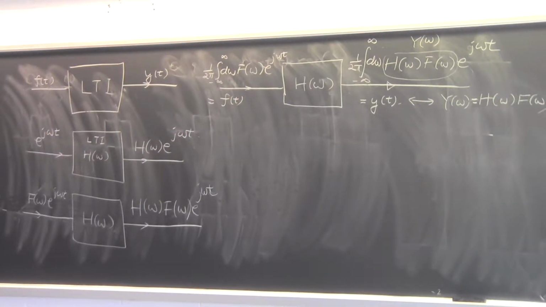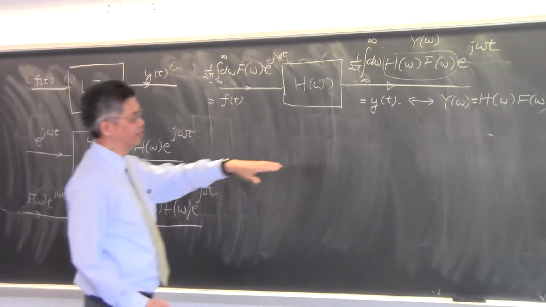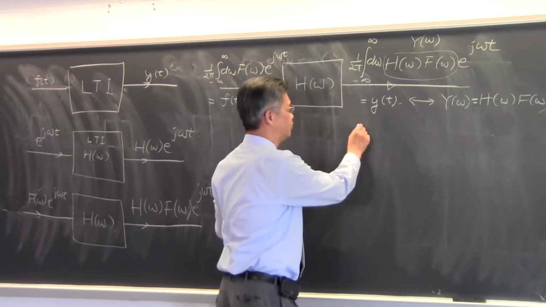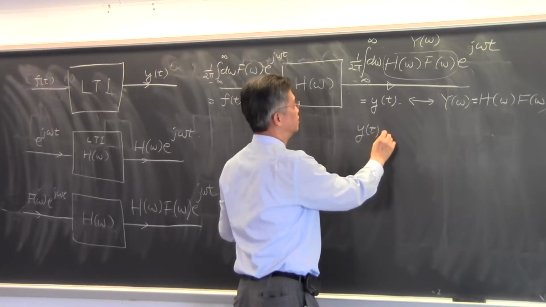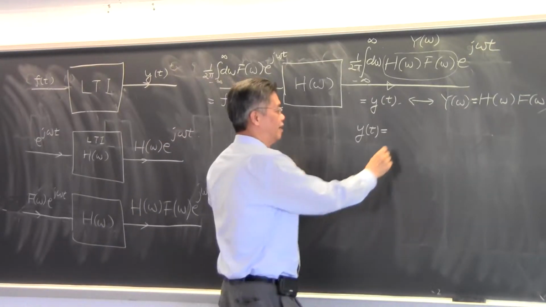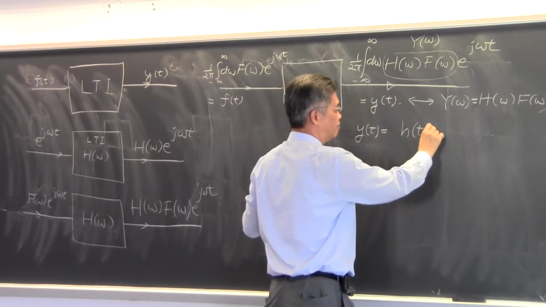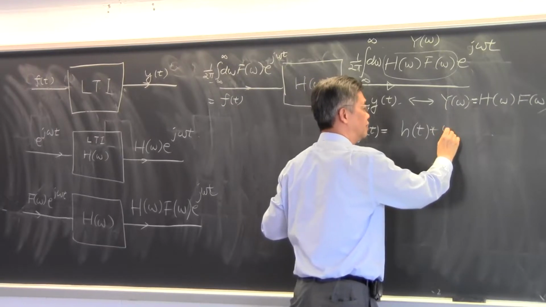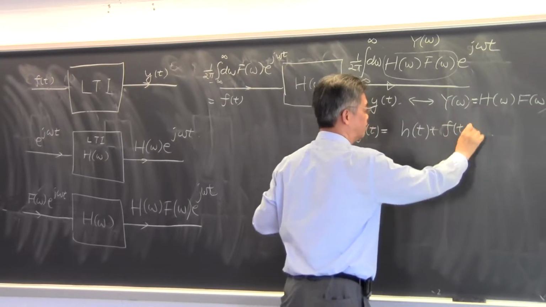If something multiplies in the frequency domain, what does it do in the time domain? So if this is what happens in the frequency domain, y of t is equal to h of t convolving with f of t. That's what you learn.